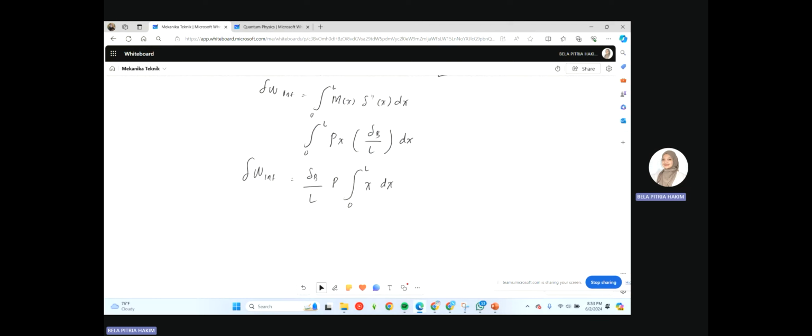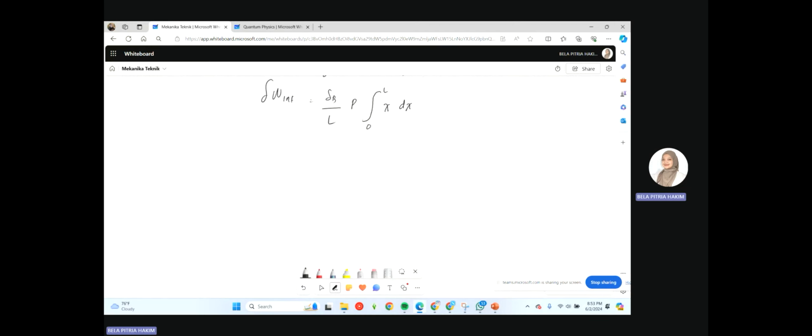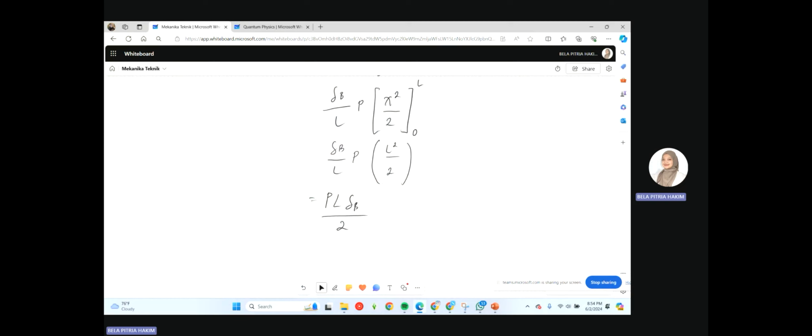To solve this, we get delta B per L times P times x squared per 2 from 0 to L, which is delta B per L times P times L squared per 2. So it is equal to P L delta B per 2. Now here we got the notation.